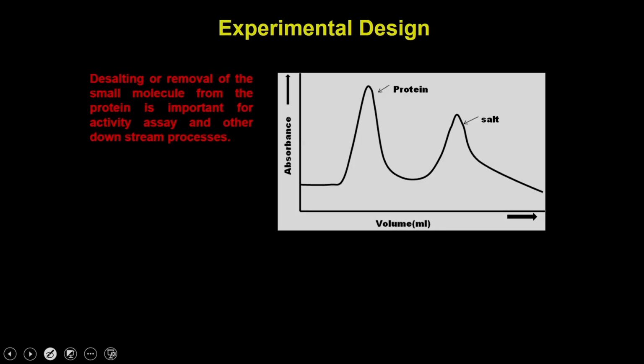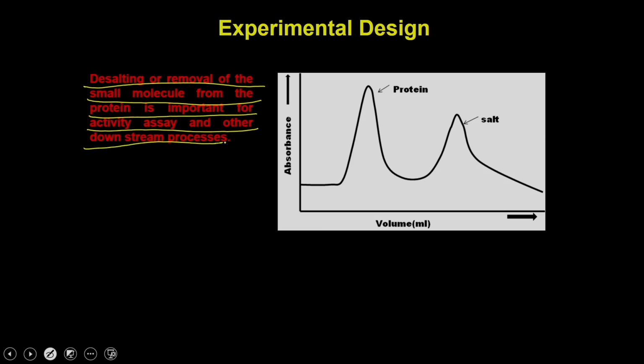So, what you have to do is a desalting, or the removal of the small molecule from the protein, which is important for activity assays and other downstream processing. So, what you do is you load this protein, which is in a complex with the ammonium sulphate, and if you run it on a gel filtration, the protein is going to run separate and the salt is going to run separate.